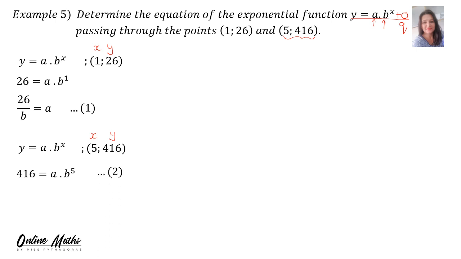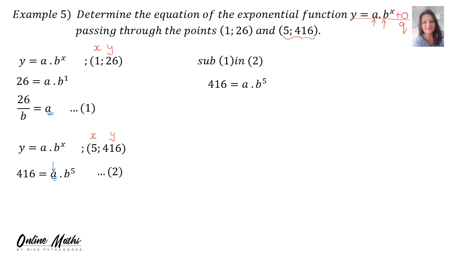So what we will do is, now equation 1, we have that one in terms of b. a is 26 over b. And in this one, there's an a, so we will substitute number 1 in that a's place. So it works like this. We say, substitute number 1 into number 2.